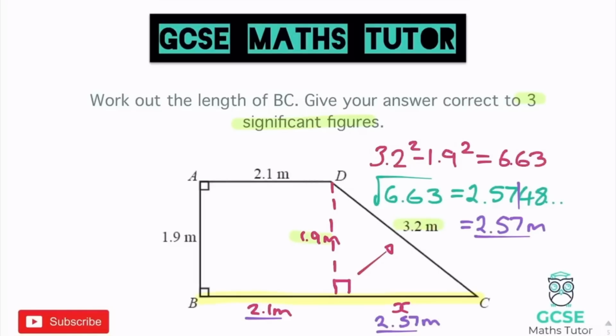So let's just write the working out for that up here. 2.1 add 2.57, I should probably tidy that up with a 0, and that comes out as 7, 6 and 4. So 4.67 metres, and there is our final answer for that question.